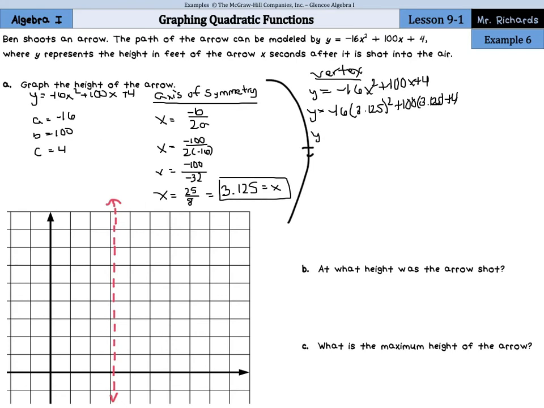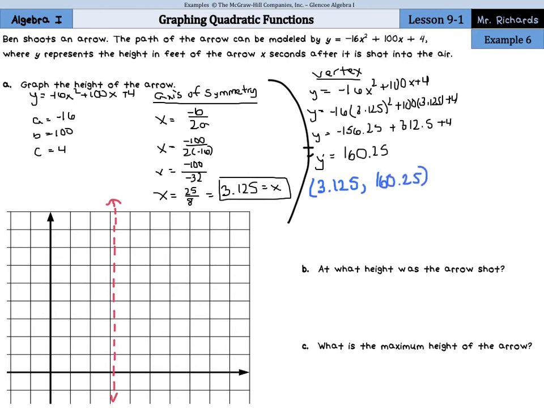So y is going to equal negative 156 and 25 hundredths plus 312 and 5 tenths plus 4. Add those all together, and we get 160 and 25 hundredths. So my vertex, I can list as 3 and 125 thousandths and 160 and 25 hundredths.